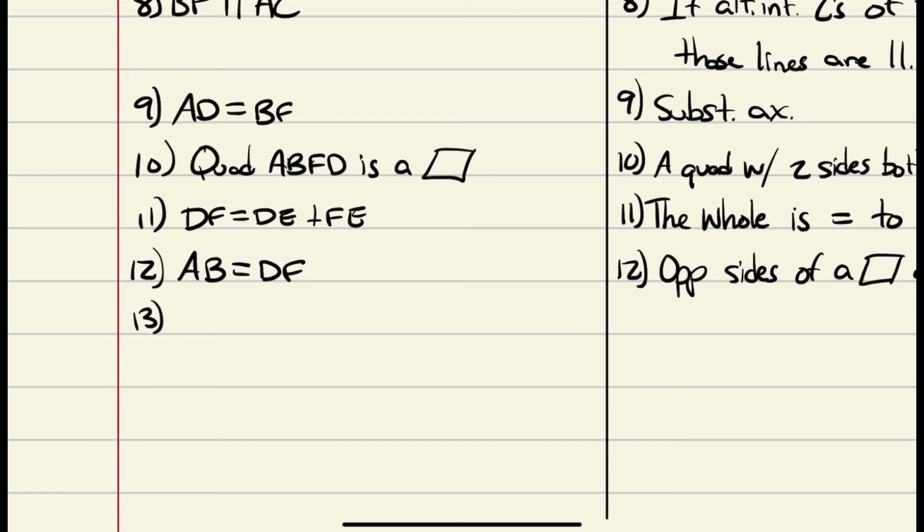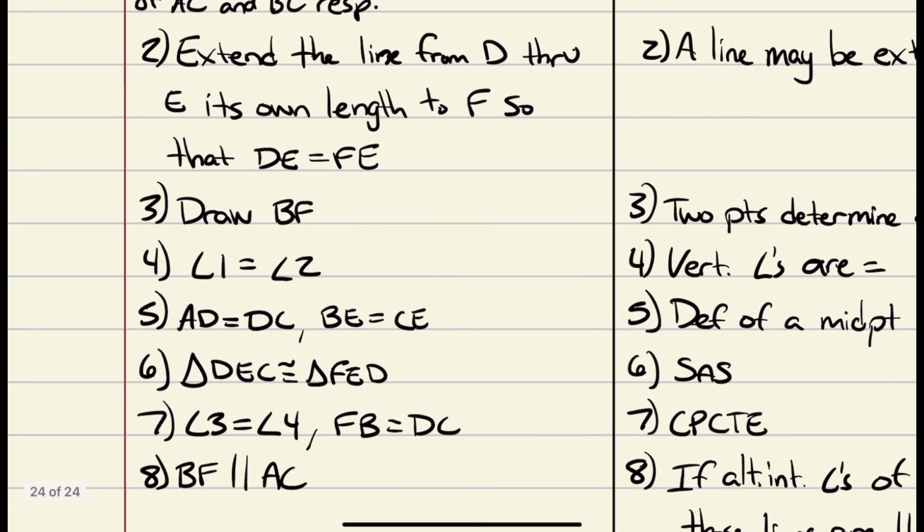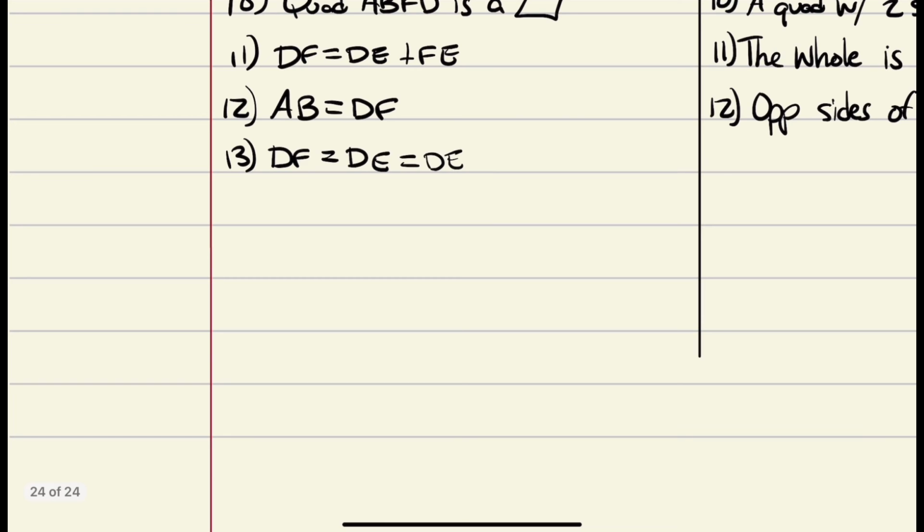Number 13, I can say that DF equals DE plus DE. Why in the world am I saying something like that? Remember in our step 2, we stated that DE equals FE when we extended that line DE its own length. So they equal the same thing. They have the same quantity.